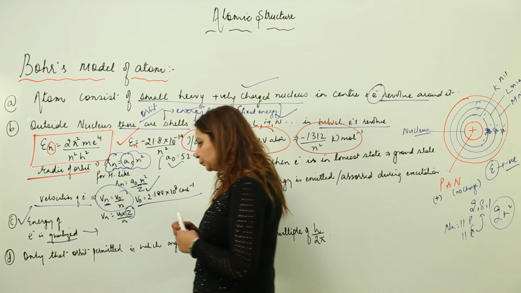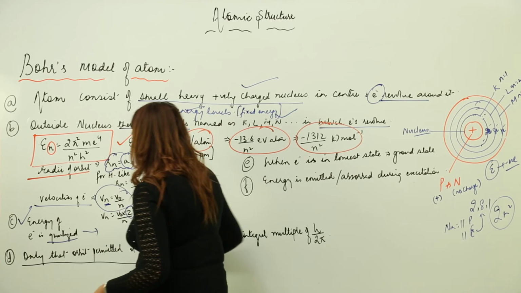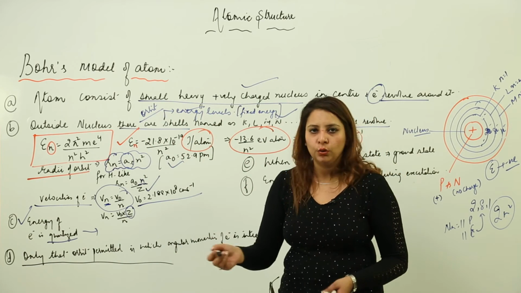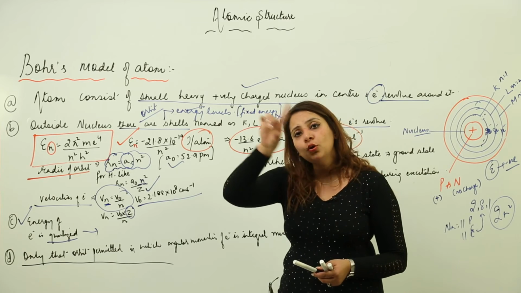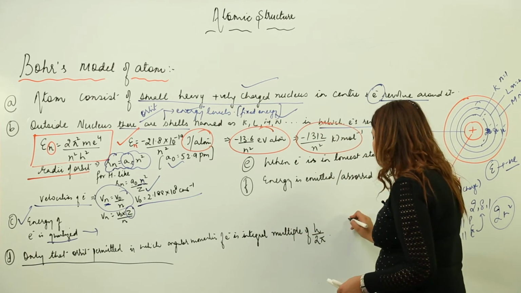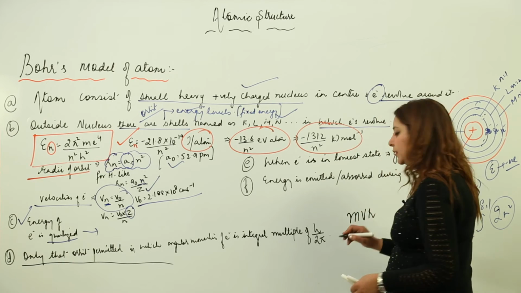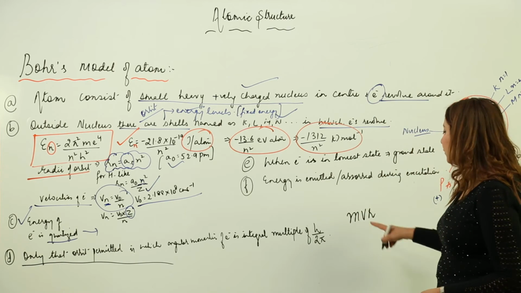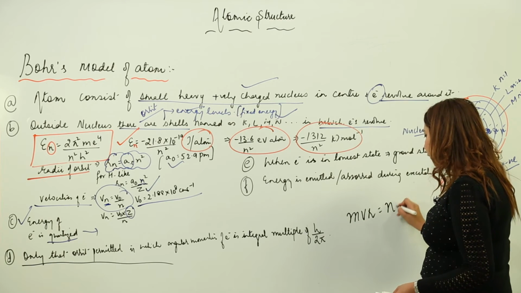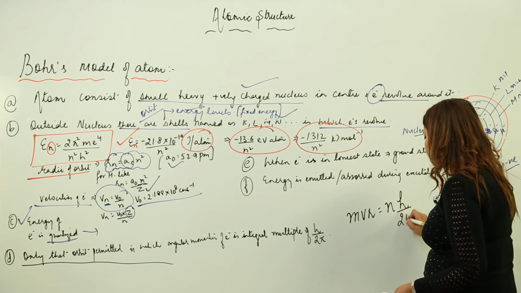Next, it's not like any orbit which you draw can be made 1, 2, 3. No, we cannot. Only those orbits are permitted in which the angular momentum of the electron is an integral multiple of h upon 2 pi. What is angular momentum? This is mass into velocity into radius.